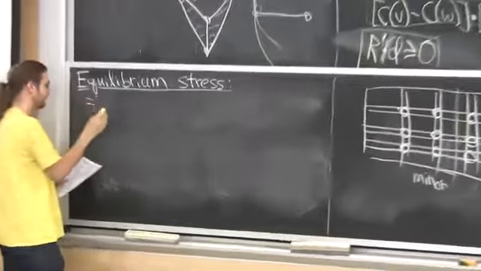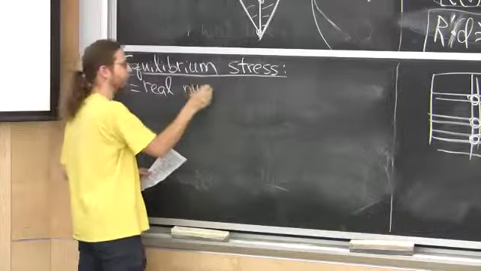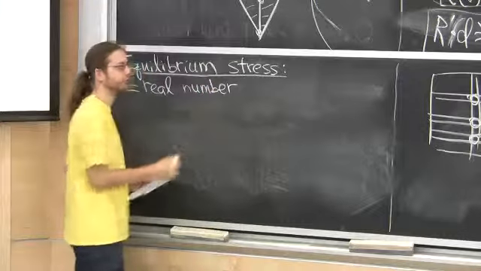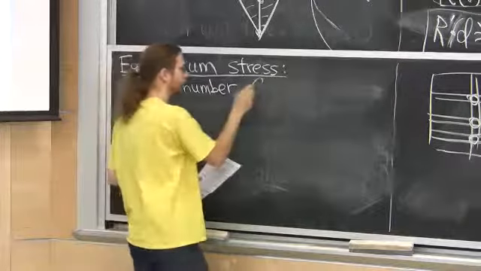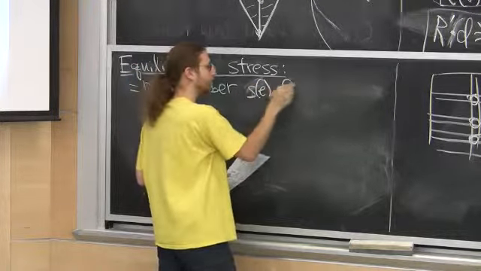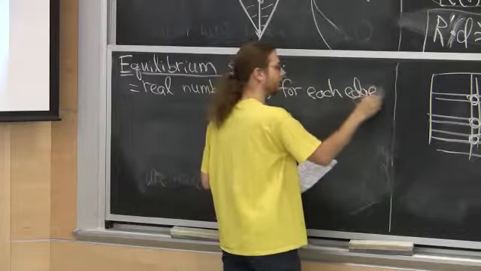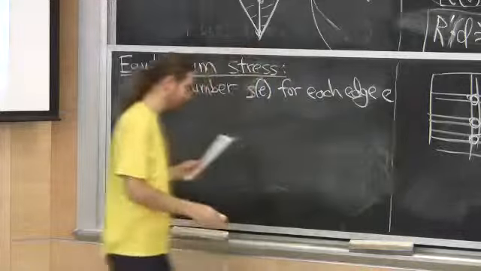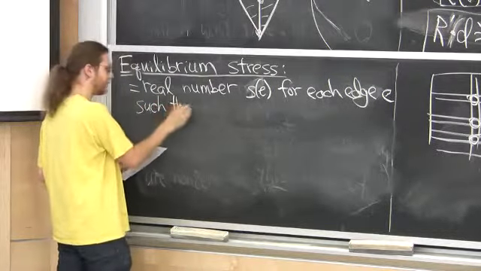So stress for me is just a real number assigned to every edge. And here I'm going to use the word edge to mean bar, strut, or cable. So a real number S of E for each edge E. And it has to have 3 properties.